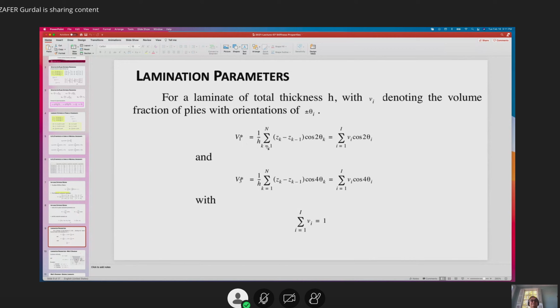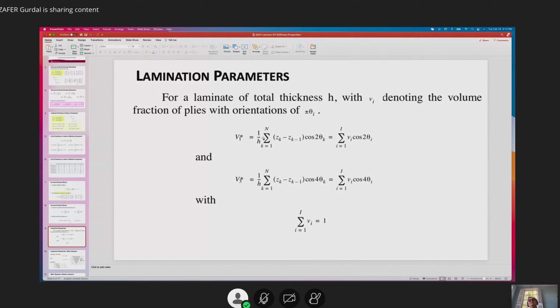So the integral becomes summation over the number of layers, k from 1 to n, and integral of z constant times cosine 2 theta, which comes out of the integral as a constant. It will be integral dz, and that will be equal to z_k minus z_k minus 1, which is nothing but the thickness of that particular layer. z_k minus 1 is just one layer thick.